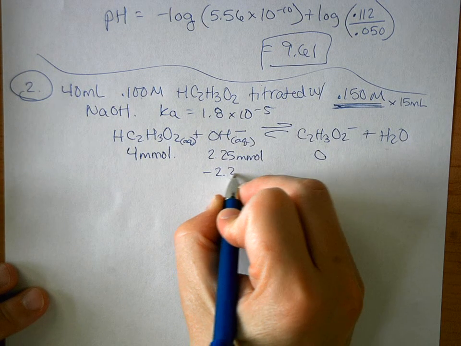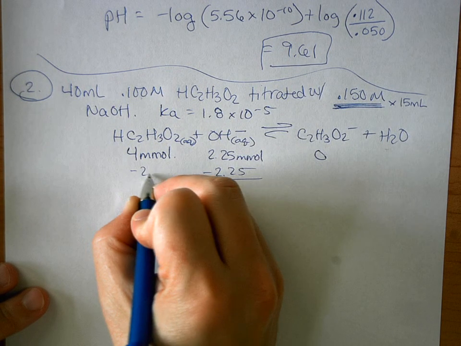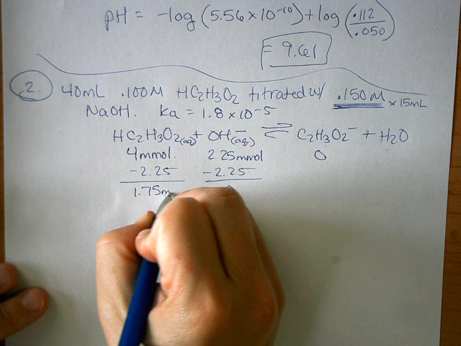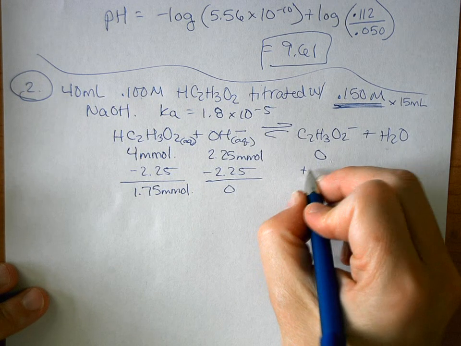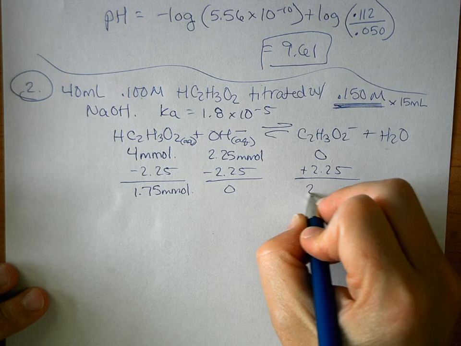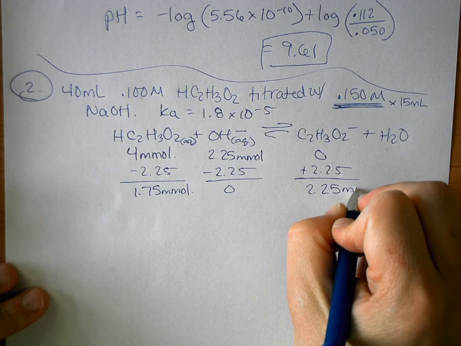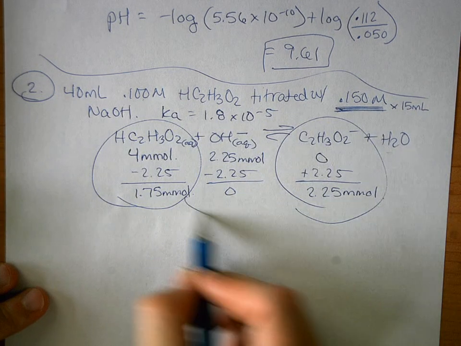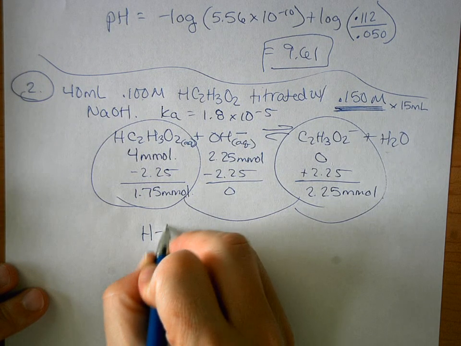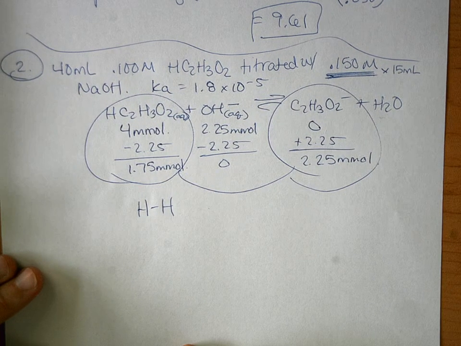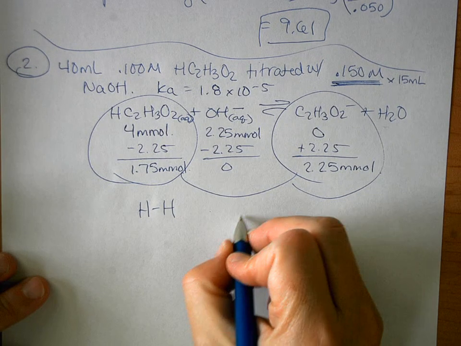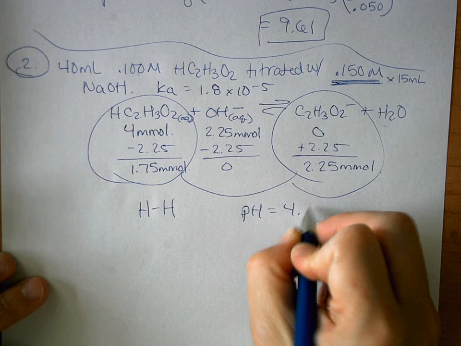So my hydroxide gets used up first, and I end up with 1.75 millimoles here, and plus 2.25 millimoles right there. I have partners, so you plug it into the Henderson-Hasselbalch equation, which you guys can do. You get the pH is equal to 4.85.